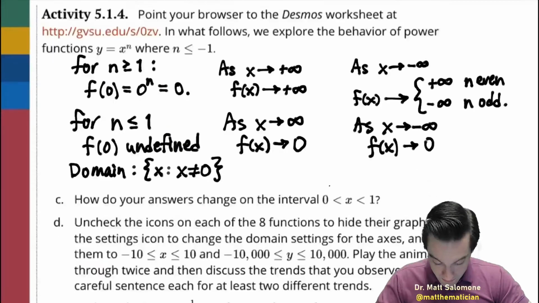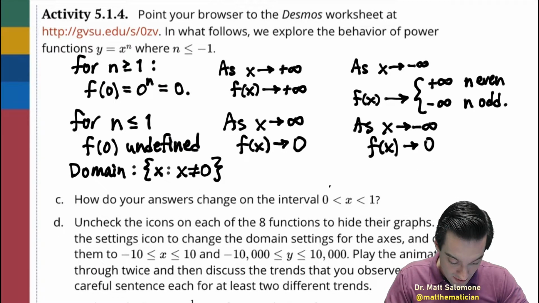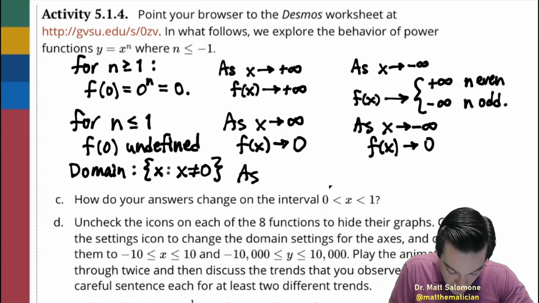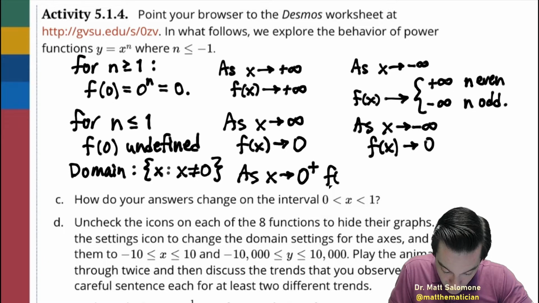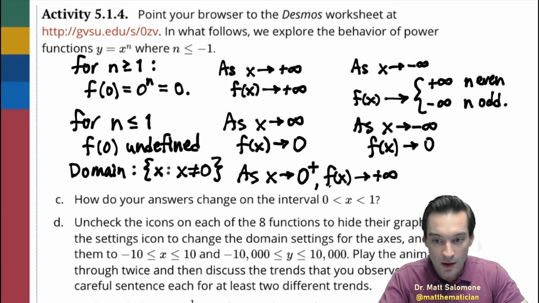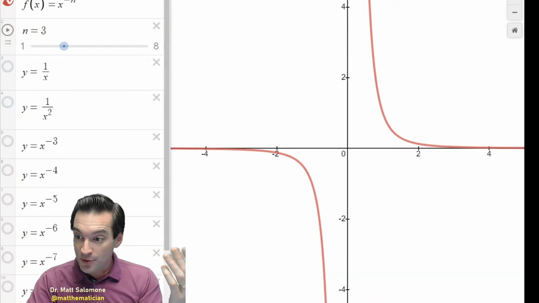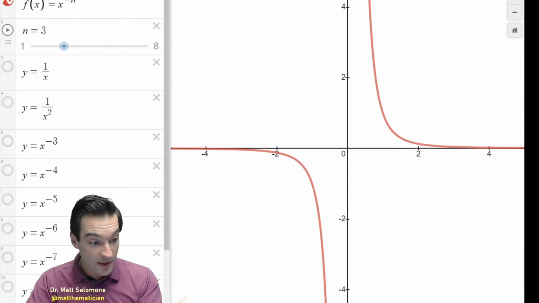So, coming back to this, what we would say is something like this. Let me try and write this down. As x approaches 0 from the right side, f of x apparently approaches positive infinity. Coming back to the graph for a second, that was true for f of x equals x to the power negative 3.